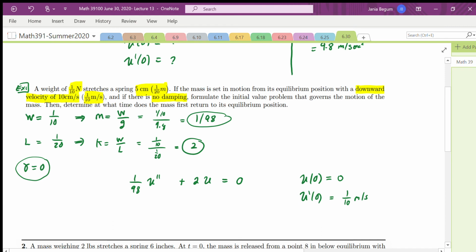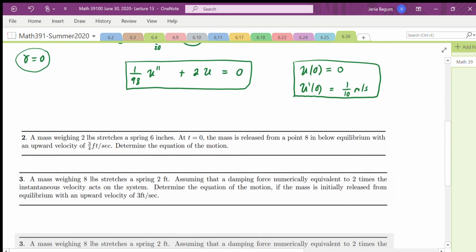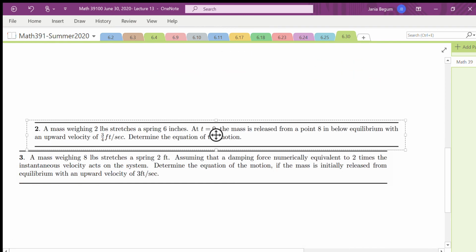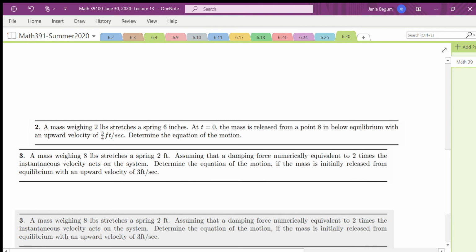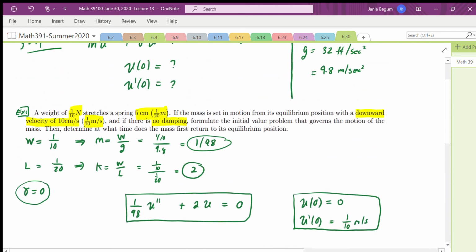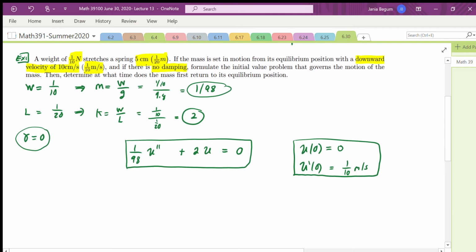This will be the answer to the first part, along with the initial conditions. Now for the second part, I'm going to move these further down. We want to know when it will first return to equilibrium. Let me know if you guys have any questions for the first part of this question.